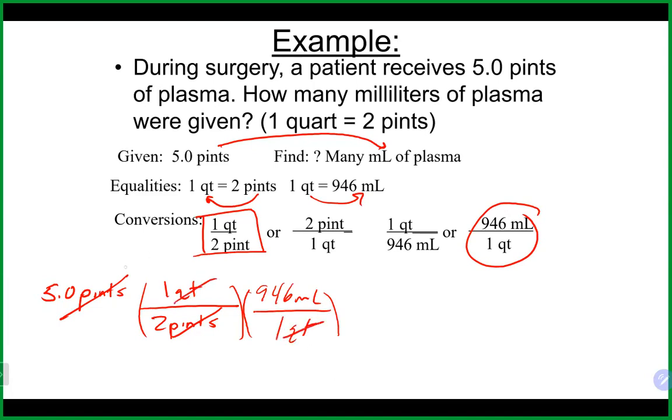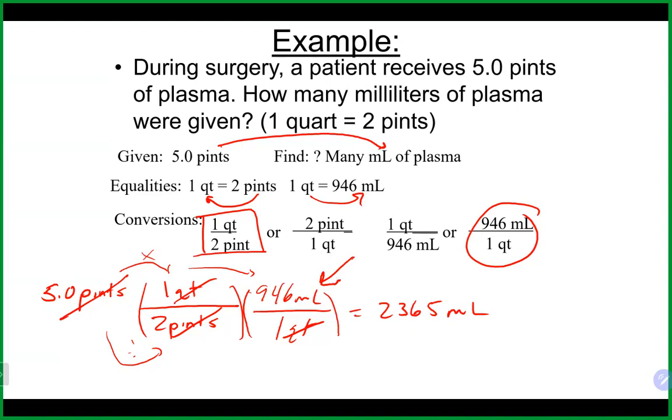Once again, we're going to multiply the top and divide the bottom. And in this case, we'll take 5 times 946 divided by 2, basically. This is about 2365 milliliters.